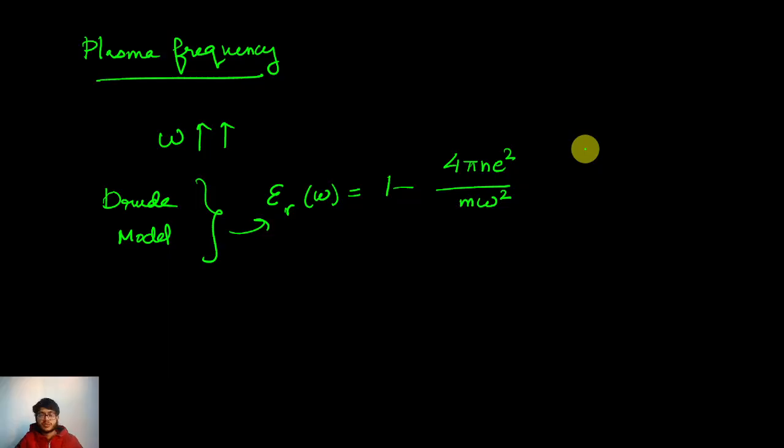This 4 pi n e squared by m is often called the plasma frequency squared. This is how it's defined, so it can be written as 1 minus omega p squared by omega squared.